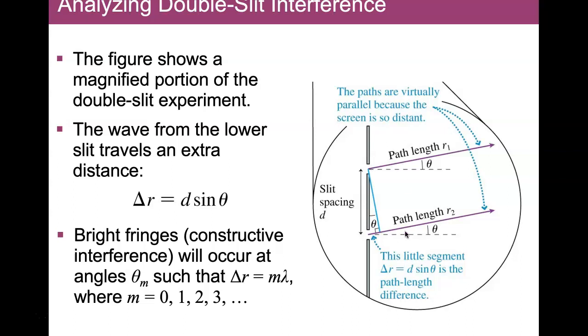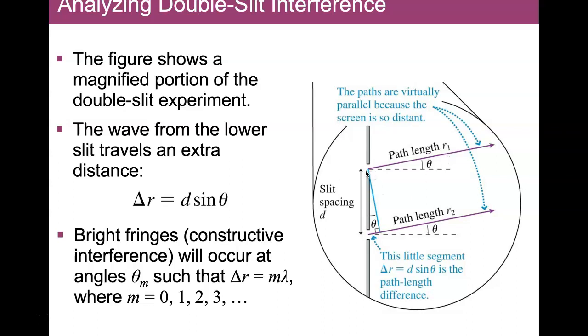So what is now the phase difference between these? If you look at some cross-section perpendicular to this direction of propagation, to reach that point, the bottom one travels a distance equal to d times sine theta more than the top one.